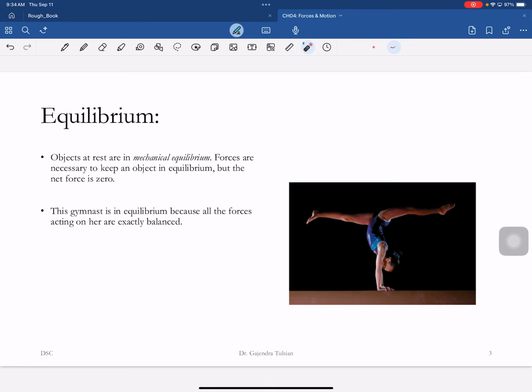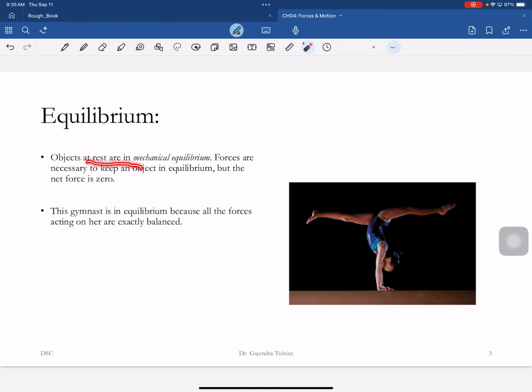If you want to fall down, all you have to do is bring your center of gravity outside your footprint. For instance, if she brings her foot in, she'll fall down this way, and so she'll have to lift her foot back in to bring her center of gravity back into the footprint.